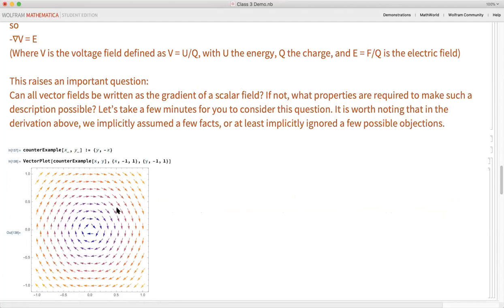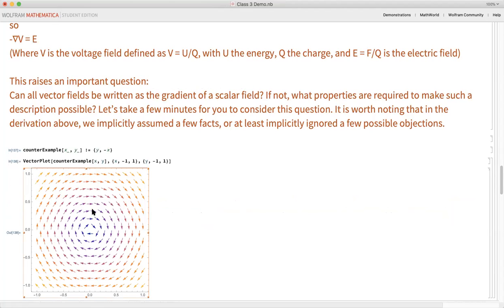It's pretty clear if you're looking at this that the closed loop integral here is not necessarily going to be 0. So we couldn't, for example, define a potential at some point here and another potential over here, because it would matter if you went that way or the other way. It would be negative one way, but positive the other way. And all of a sudden, you can't do this.